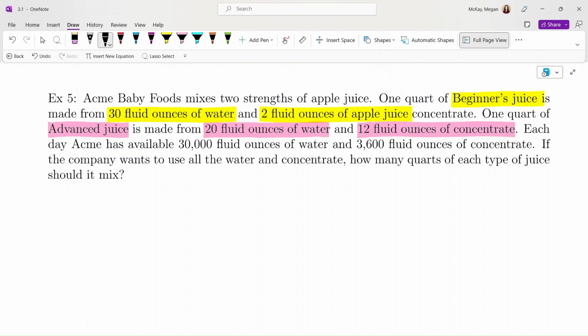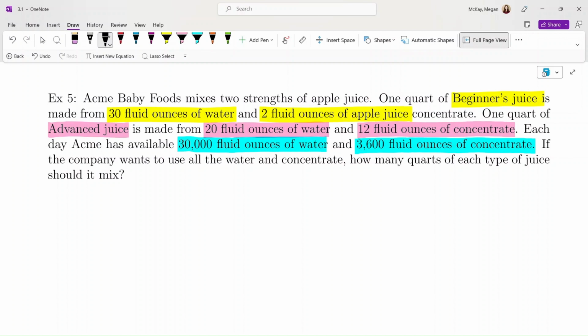Again, seems important, changing my highlighter color because now we're just talking about the company as a whole. Alright, so 30,000 fluid ounces of water and 3,600 fluid ounces of concentrate available in a day. If the company wants to use all of the water and all of the concentrate, how many quarts of each type of juice should it mix?